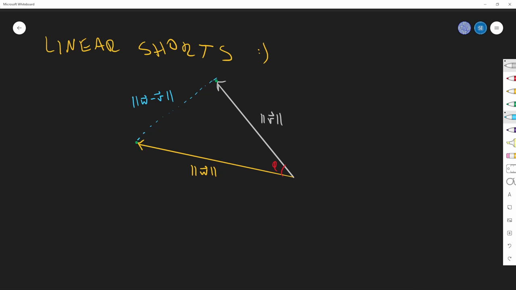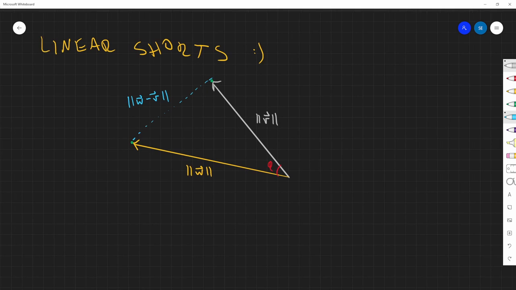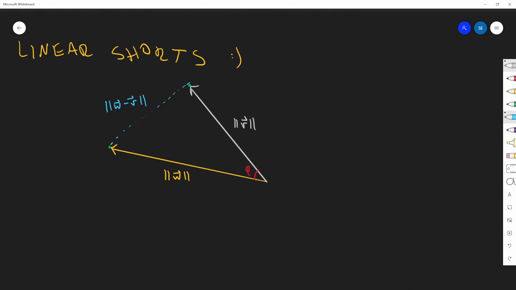And so, what do we got here? We got a triangle. Back in geometry, we talked about triangles and circles. What else did we discuss in geometry other than triangles? Well, we discussed the law of cosines.